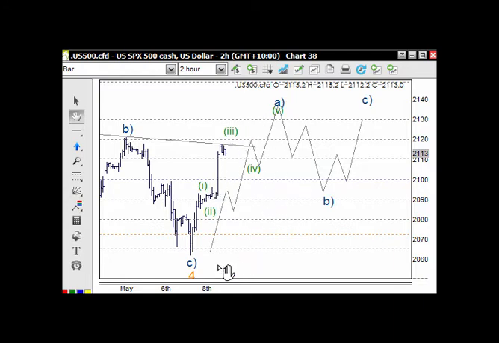However, I'd like to give it a little bit of space to breathe and look at this in terms of actually 5 waves up here for A, and then a 50-60% retracement level back for wave B, and then another 5 waves up here, bring us up into the 2150 area. So we'll just need to work through that, but our main aim here is tracking this particular impulse wave to the upside.